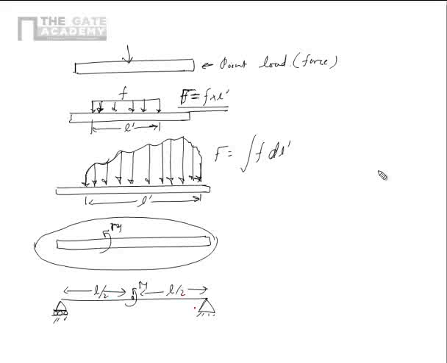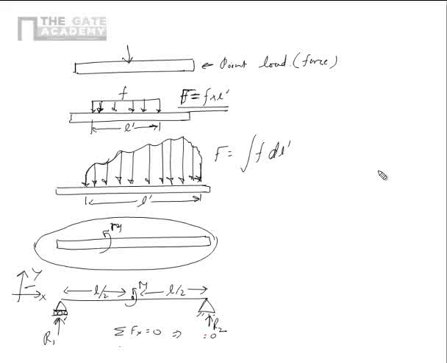Now if we find out the reactions, let's say that there are two reactions, R1 and R2. Obviously there is no moment reaction provided by these supports. Now we try to write the equations of equilibrium. Sigma Fx is equal to 0, this is x and this is y, will lead to nothing because there is no applied force in that direction.